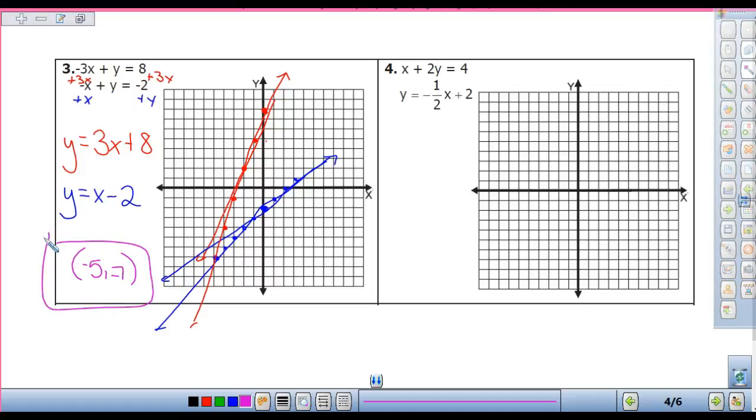Okay, so you might have to extend your lines a little bit further to find that intersection point. That makes sense? Is this super easy? Well, it's a lot of review, right? It's a lot of putting everything together. Okay, we have to be able to get our lines into y equals. That's number one important part, right? And number two important part is we have to remember how to graph, right?